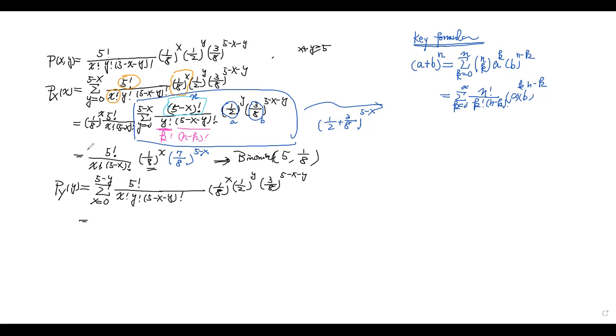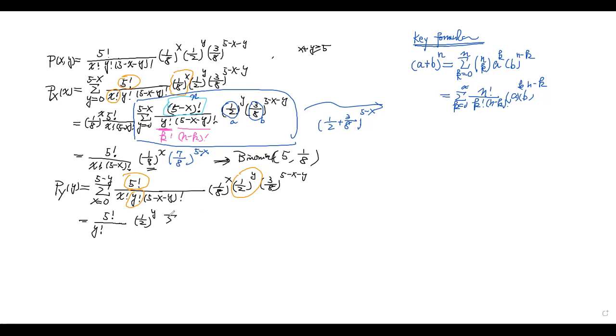So the same thing, let's take out everything that has nothing to do with x. This will be 5 factorial over y factorial, and (1/2) to the y power.